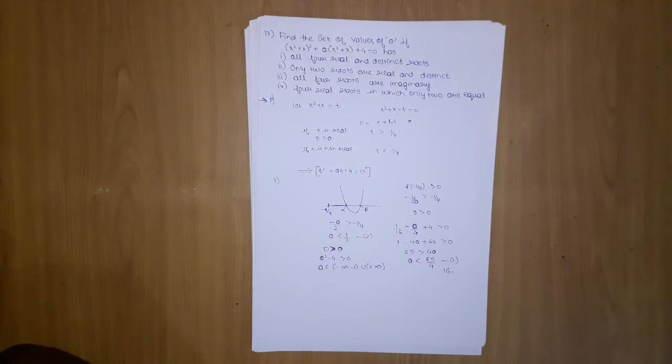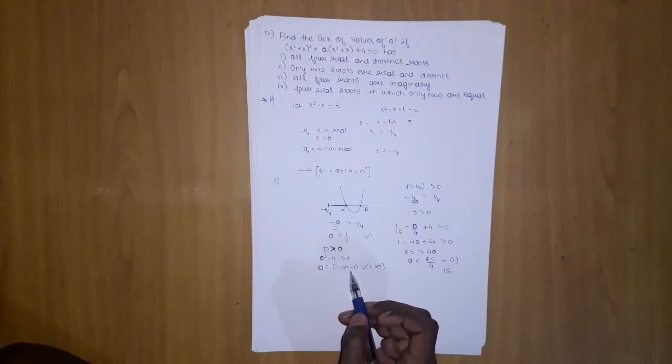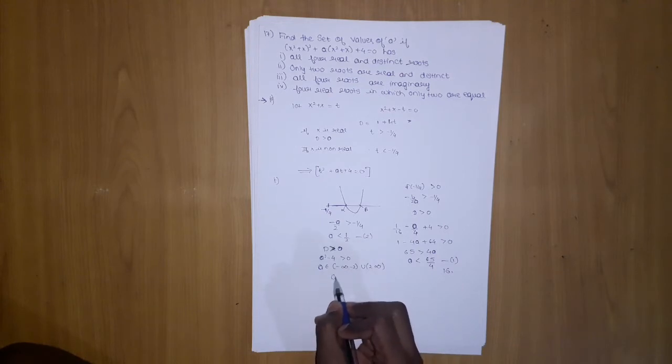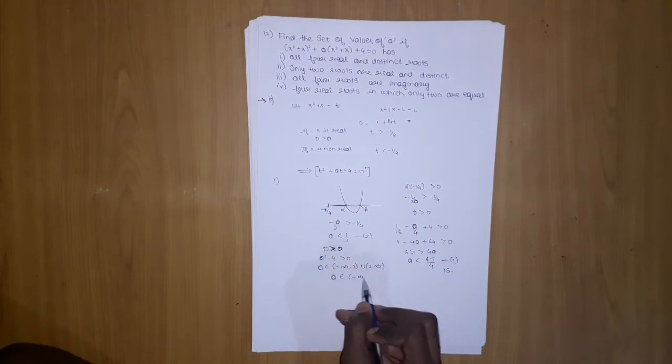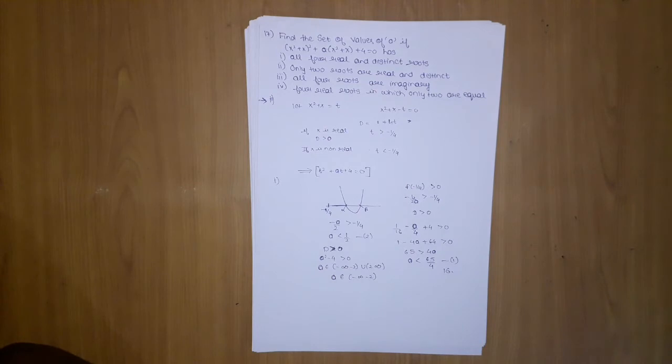But here it is telling minus infinity to minus 2. So a will belong from minus infinity to minus 2. We are done with question number 1. I have taken the intersection of all these.